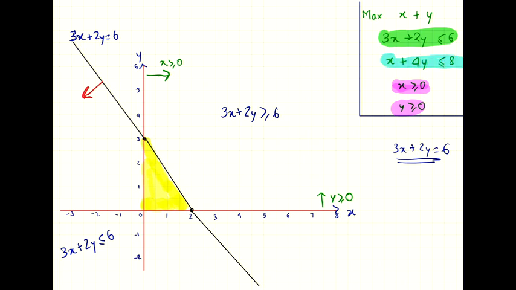x plus 4y less than or equal to 8. Again, this defines a line, and I'm just going to draw the line.